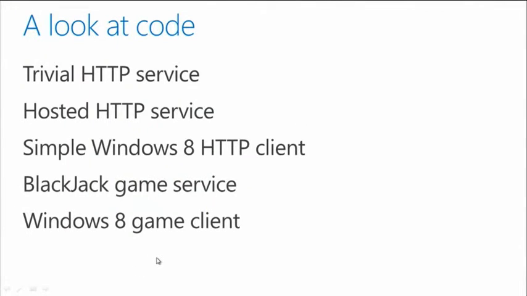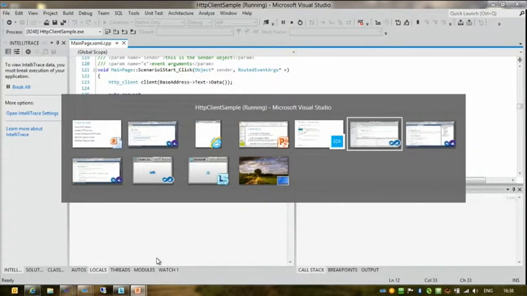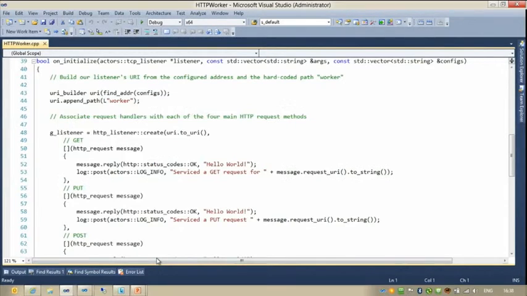Now, to look at a slightly more realistic service, we'll go to this sample called HTTP worker. Here we don't have a main program in the sense that a typical C++ console application or WinMain type of application would have. We're building a component, a DLL, that will be hosted by IIS or some other sort of host executable.